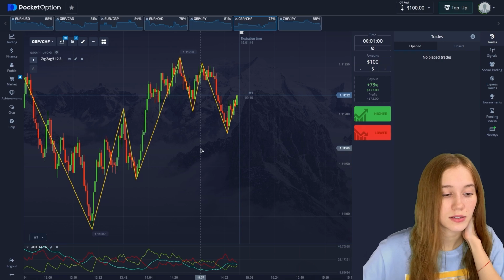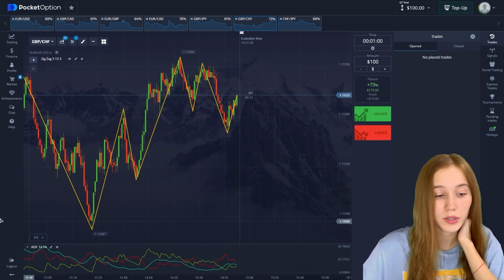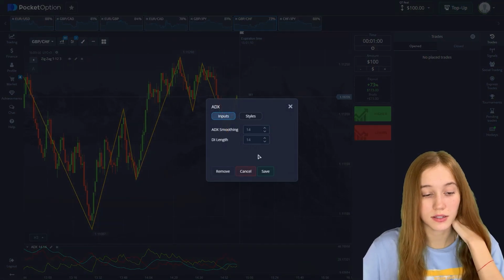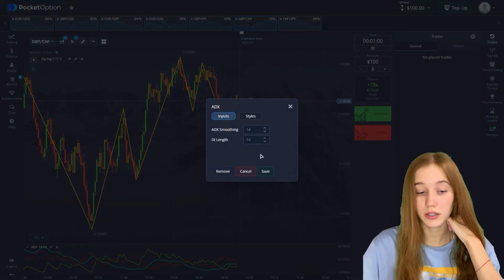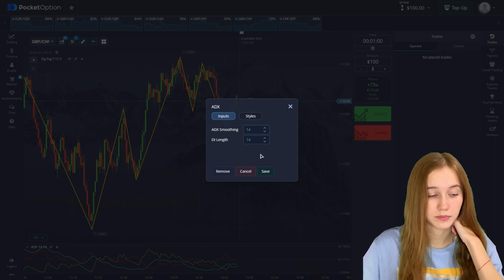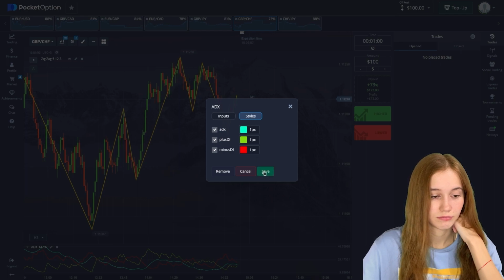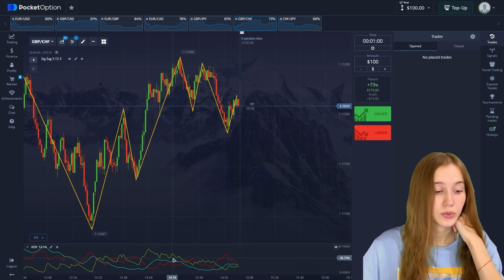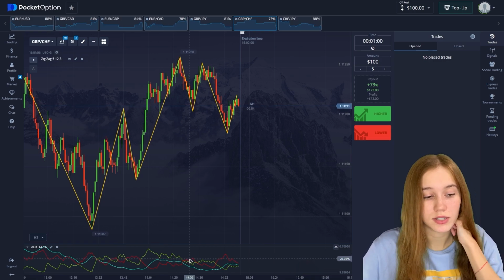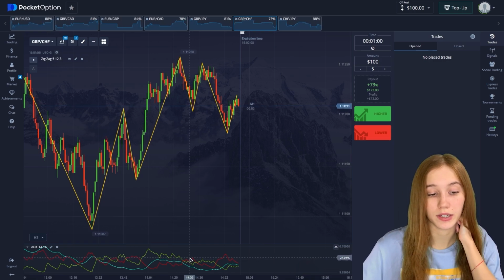Our second indicator is ADX. At the bottom of the screen, these are the settings. You can also copy them here. So it shows the average distance between two components.